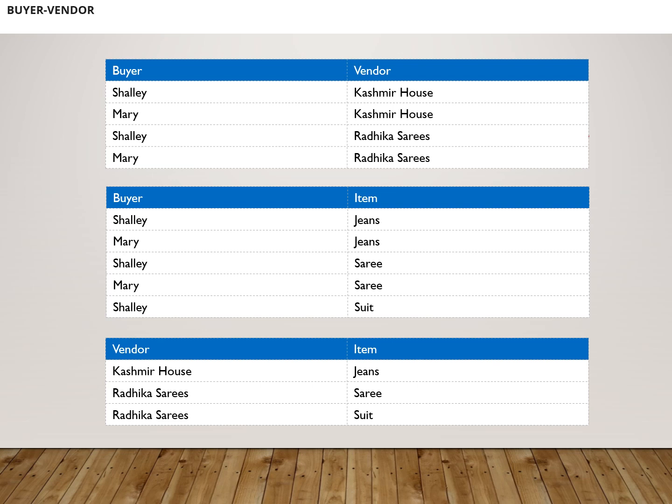That is fifth normal form, because in the original buyer-vendor-item table, if a person starts to sell jeans, how many records must you create to record this fact? This is the problem here. We have cyclical dependencies: the buyer depends on the vendor and the vendor depends on the item. So these all have dependencies over each other, and we split into many tables. That is fifth normal form.